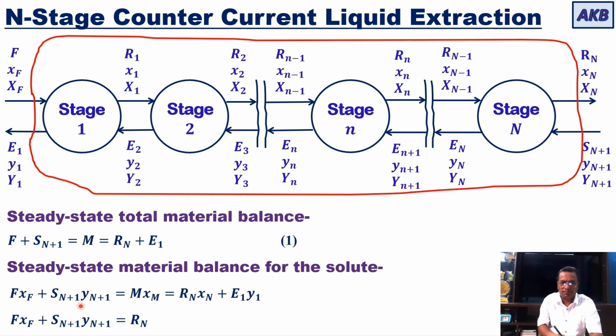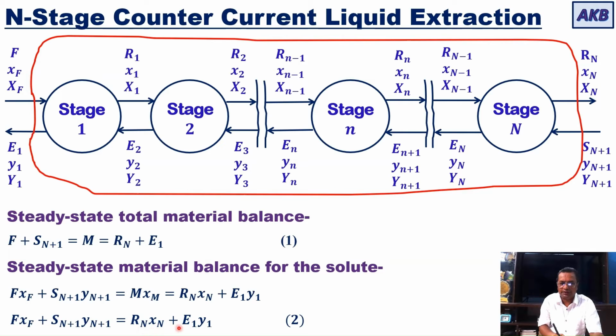Let me rewrite the steady state material balance for the solute in this way: F XF plus Sn+1 into Yn+1, that is equal to Rn into Xn plus E1 into Y1, and I am calling this equation number 2.